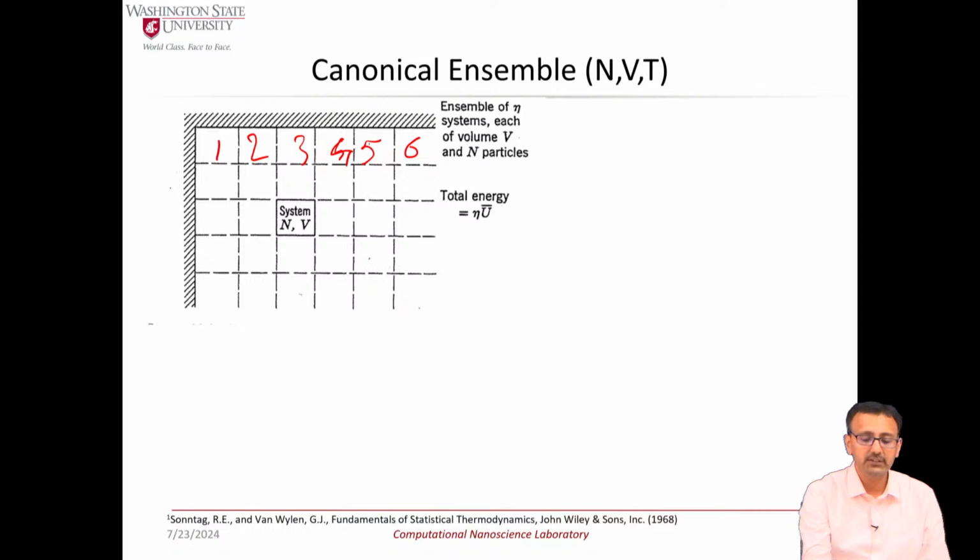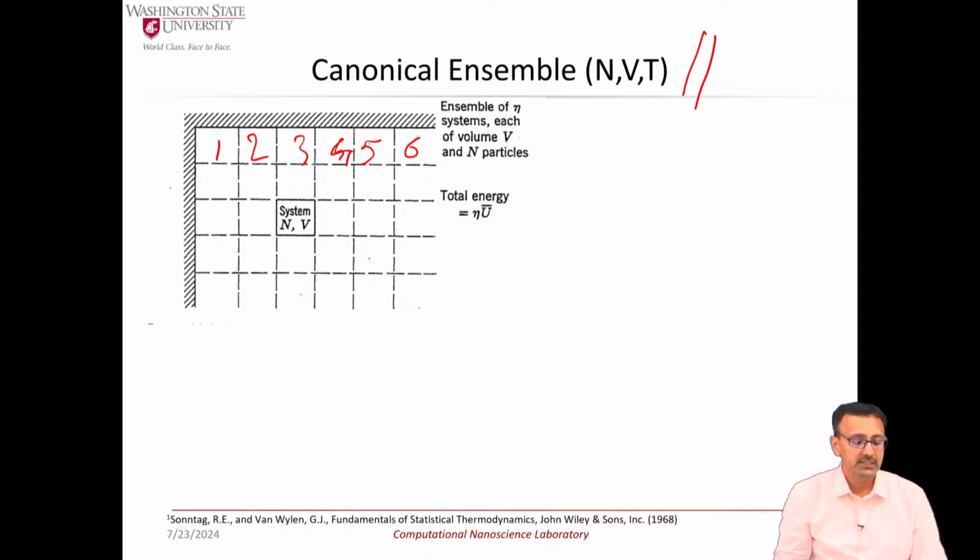So, if you are dealing with a canonical ensemble NVT, then each of these boxes will have a fixed number of atoms n, a fixed volume V. By the way, they are also distinguishable, like I wrote here, you can number these boxes. So, I know exactly when you say you are talking about box 4, I know which box you are referring to. Okay. And then these boxes individually do not have to have a constant energy U. So, the energy of these boxes can vary, but what has to be fixed is the total energy if you count all the boxes.